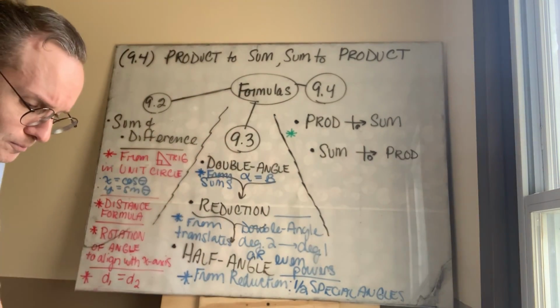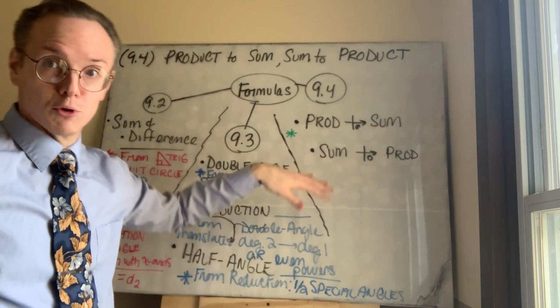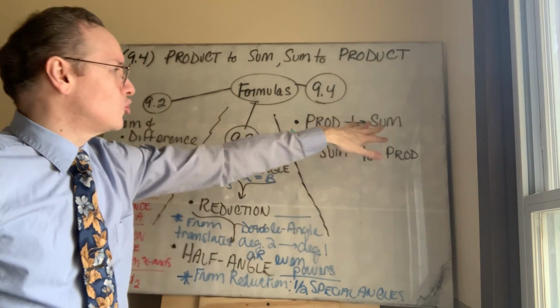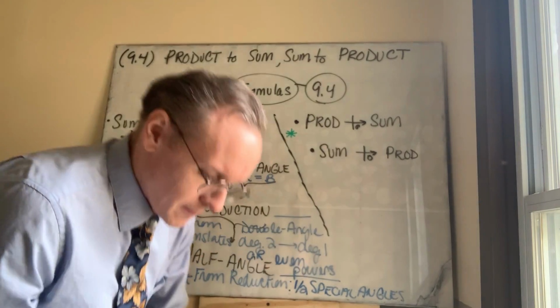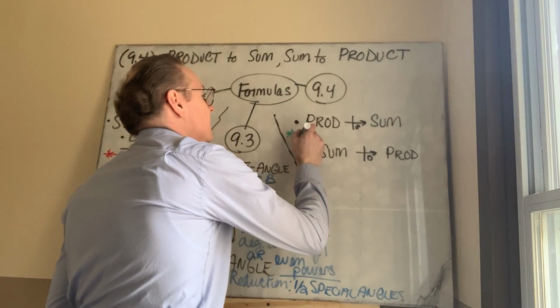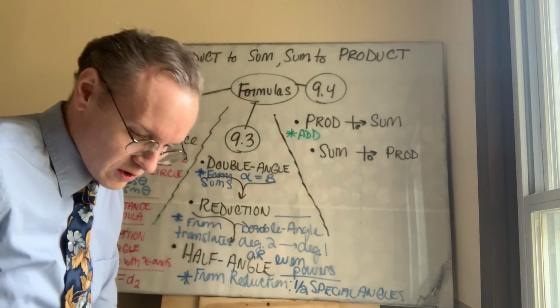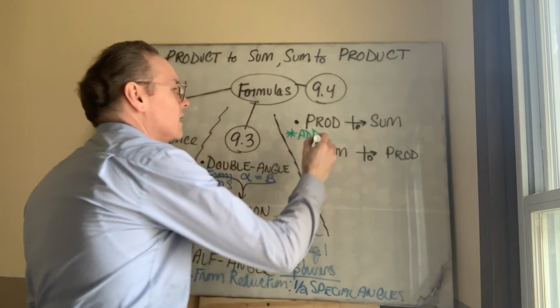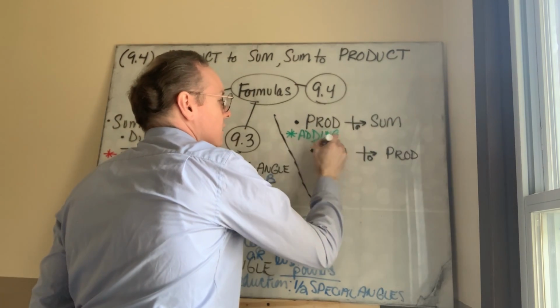Something like that. Now today, the product to sum is calculated from basically adding the sum and difference formulas for, say, cosine, combining them by adding.